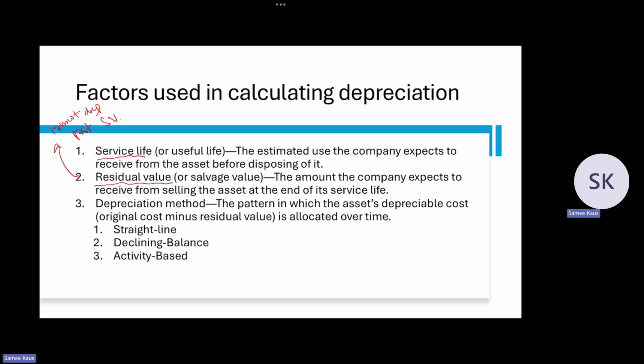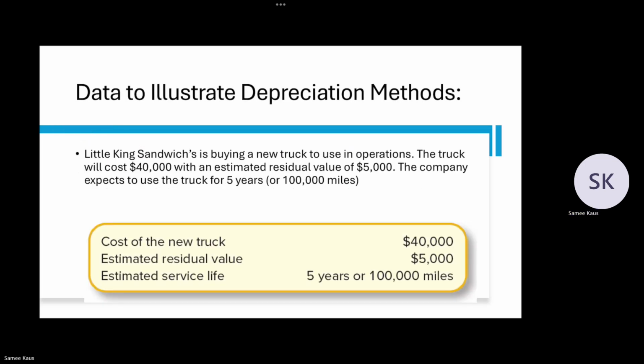Then the last thing that we consider is what type of method of depreciation we're going to use: straight line, declining balance, or activity based. So this, we're just saying, what pattern of depreciation am I going to take? So we're going to go through all 3 methods using this same data, and that's that Little King Sandwiches is buying a new truck to use in operations. The truck is going to cost $40,000 with an estimated residual value of $5,000.